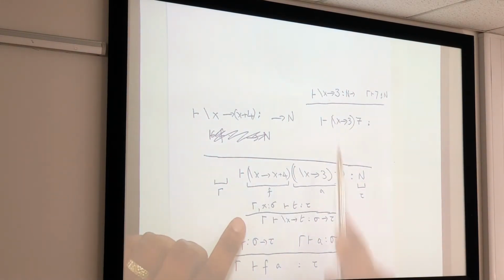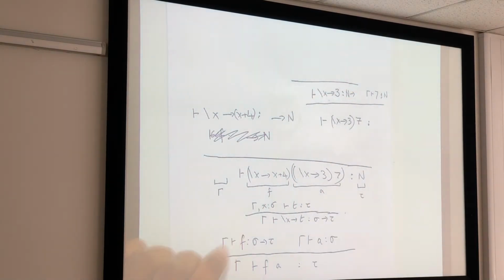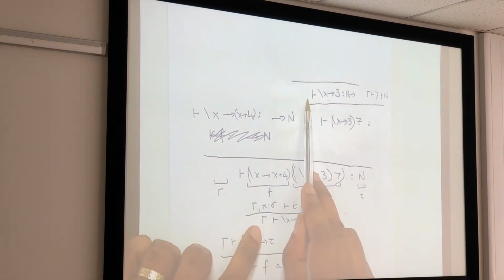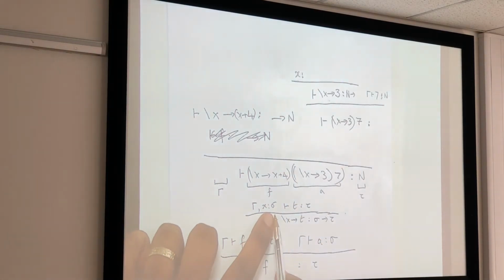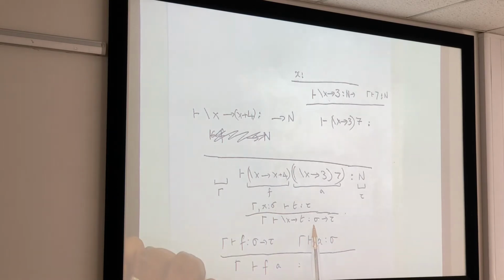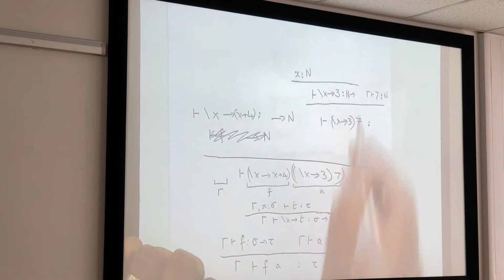Okay, so let's have a look at this rule. So if I want to type lambda x arrow 3, well, I need to take my original context, which is empty, and put the bound variable in the context. So x is going to have some type. Well, what is this sigma? Well, this sigma is the same as the input to the function type. But I know that. That's a number. So that's going to have to be n.